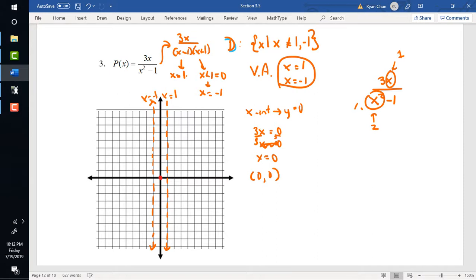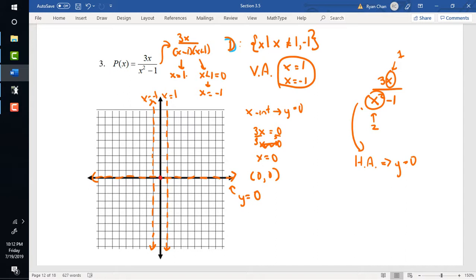So because of that, remember my rule is I have a horizontal asymptote at y is equal to 0. And it looks like this. So it looks like the following here.